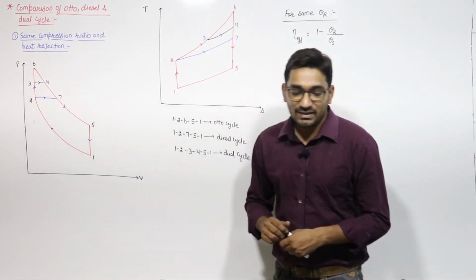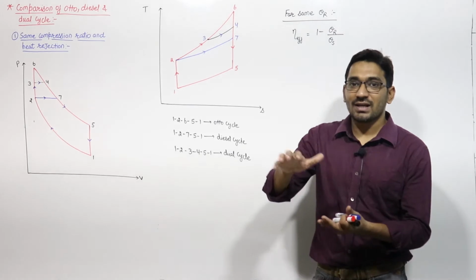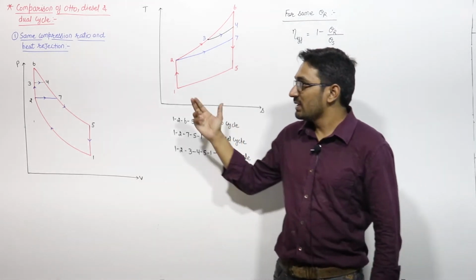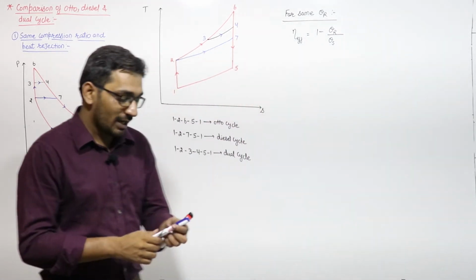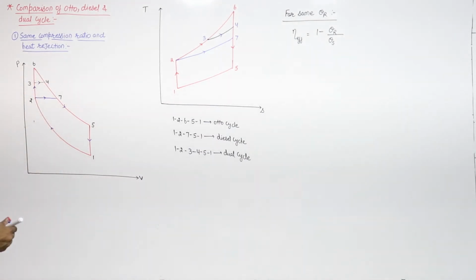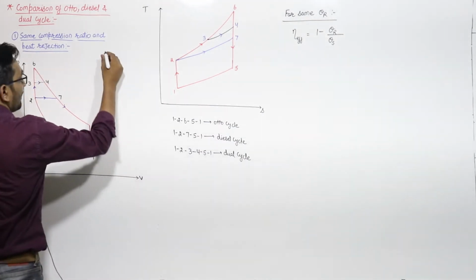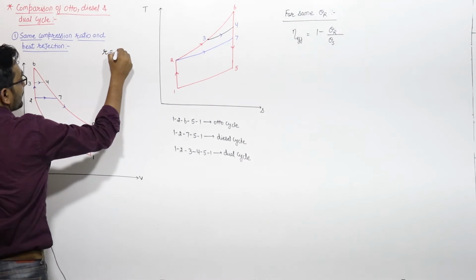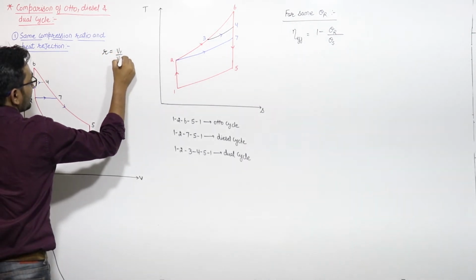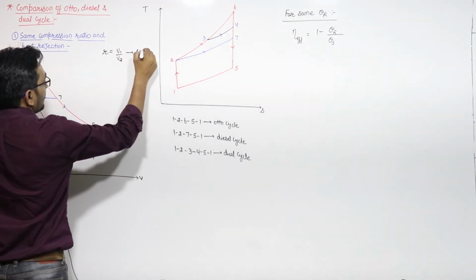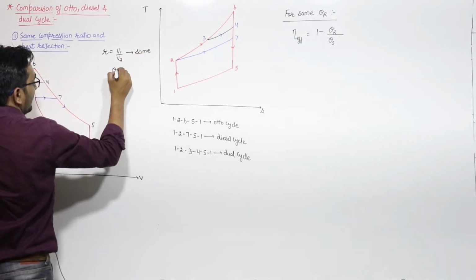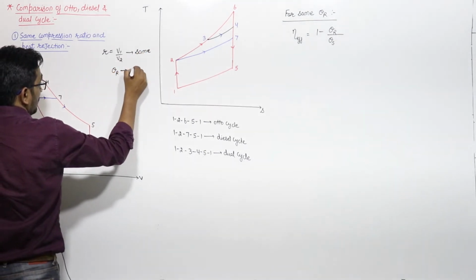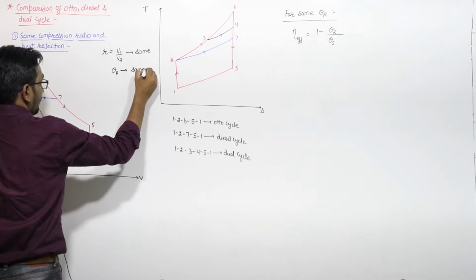The first case of comparison is we have to set the limits, right? The first case is the same compression ratio and the same heat rejection, right? The compression ratio, that is V1 by V2, is same for all the 3 cycles, and your heat rejection is same for all the 3 cycles, right?